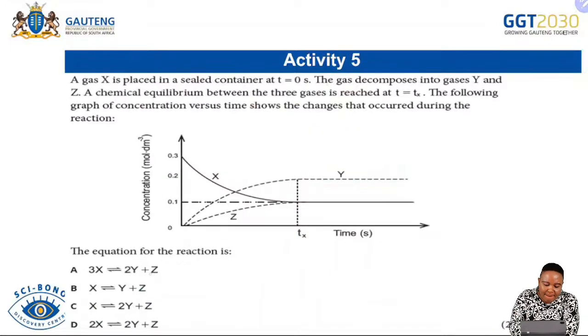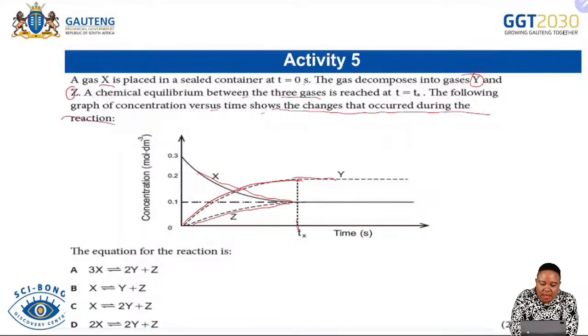And then here we are looking at this X, Y, and Z. So they're saying gas X is placed in a container at time T1. From time T1, the gas decomposes to Y and Z. A chemical equilibrium between the three gases is reached at Tx, okay? The following graph, concentration versus time, shows the changes that occur during the reaction.